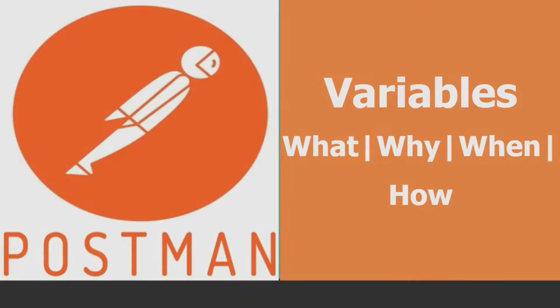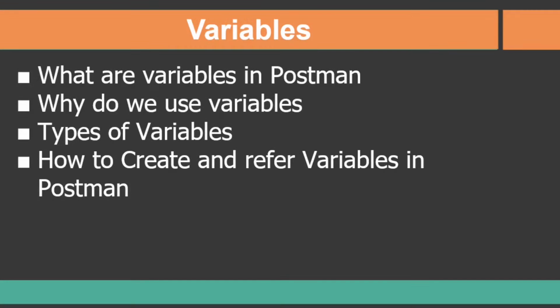Okay, so what are variables in Postman? Variables in Postman are similar to what we use in other tools like Eclipse or Visual Studio. You declare variables in Eclipse while writing Java, right? In the same way, in Postman, variables can store different types of values.